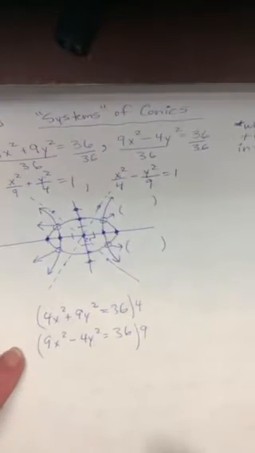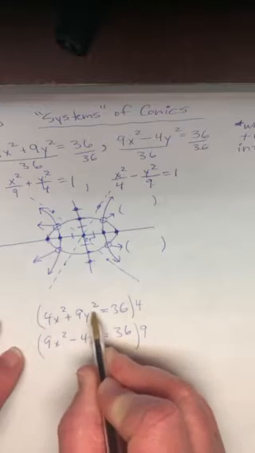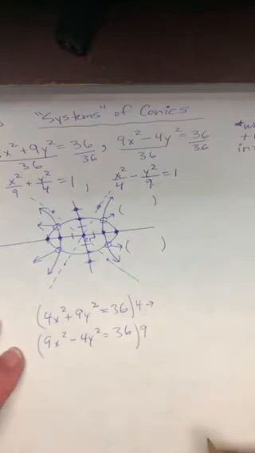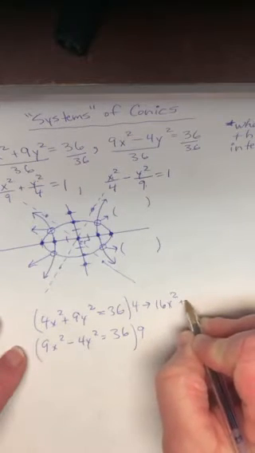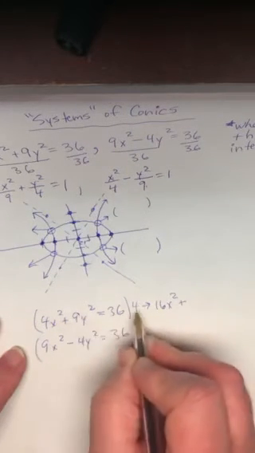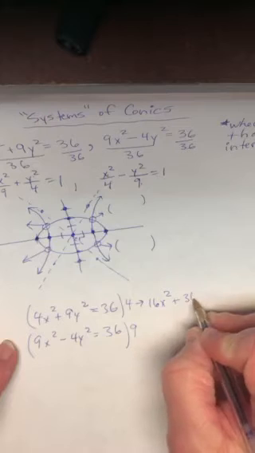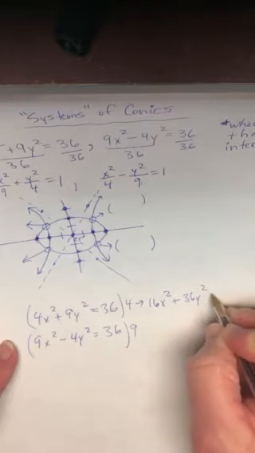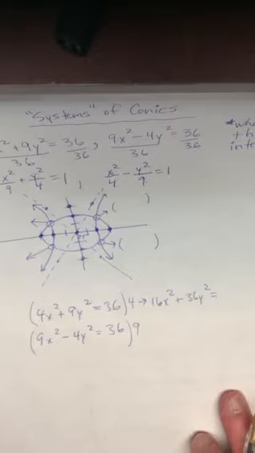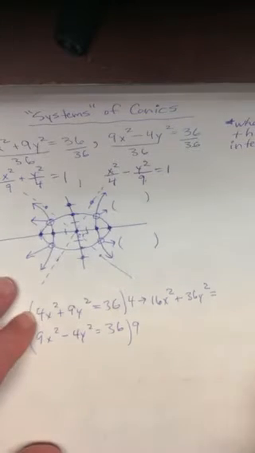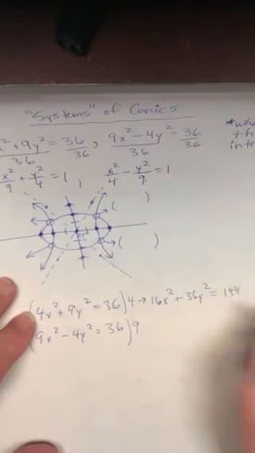So watch this. If I multiply that entire equation by 4, I get 16x squared plus, I'm multiplying everything by 4, plus 36y squared equals, oh boy, I've got my calculator here. I'm going to push 4 times 36, and I'm going to get 144.